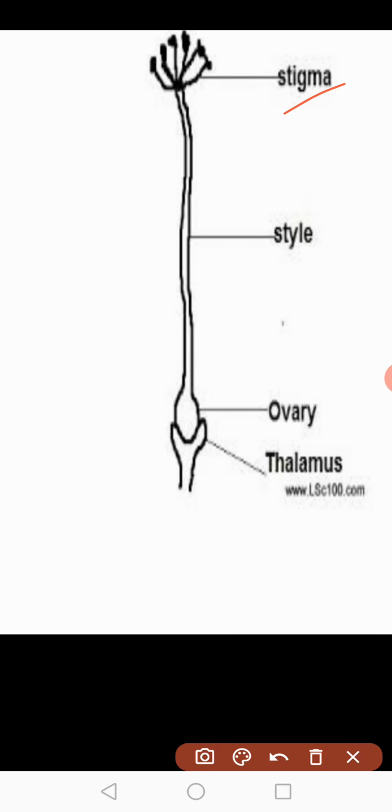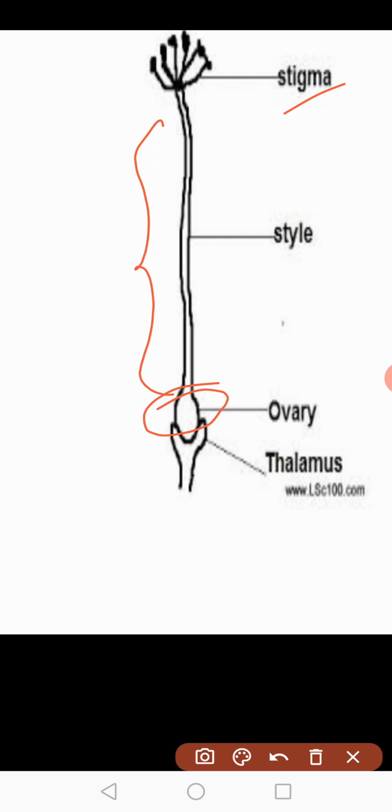Whereas style is the long, slender, stalk-like part, which is present below the stigma region. And the third part is the ovary, which is the basal swollen part.